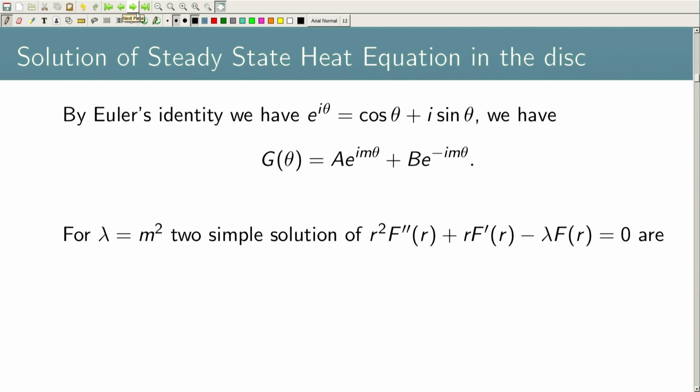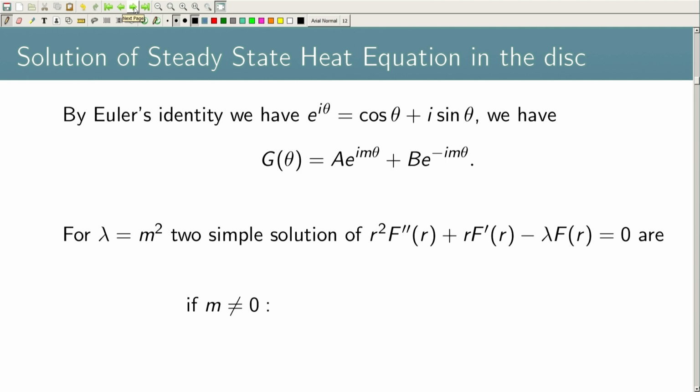Now, lambda is equal to m square. So, we need to look at what is going to be the form of the solution, the function capital F. So, we have this equation r square f double prime r plus r f prime of r minus lambda f r is equal to 0. Okay.